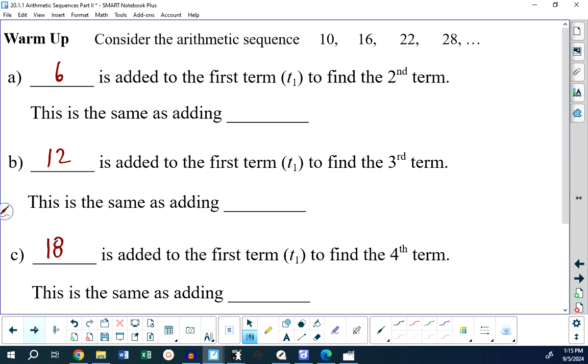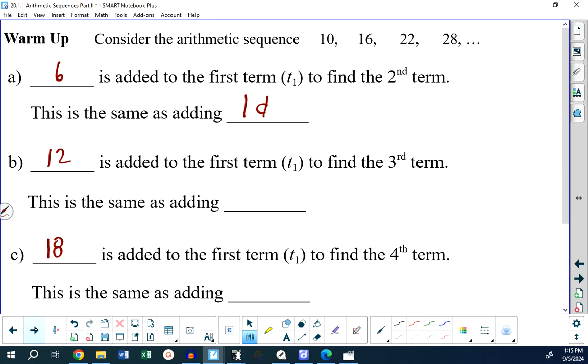However, we want to make this more general. We want to learn something from this that's true about any arithmetic sequence. In this one, the first blank is 6, the second blank is 12, the third blank is 18. But in every arithmetic sequence, the answer to this question, A, would be you're adding one common difference to the first term to get the second term.